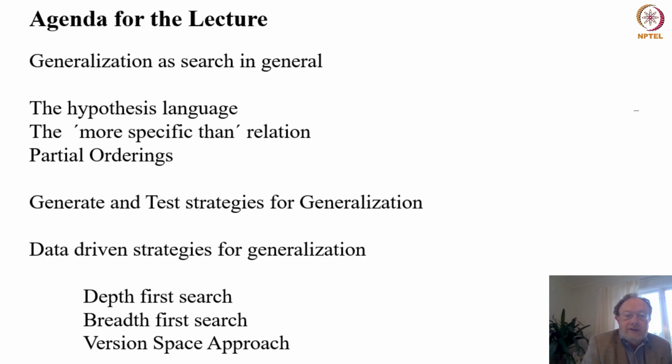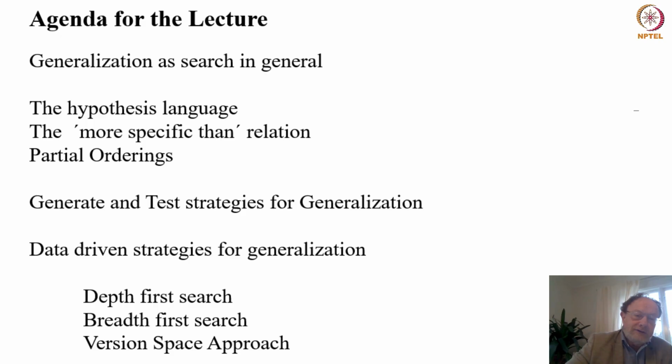One, we can say, is generate and test. It's a top-down approach where we generate hypotheses and then search through the instance space in order to iteratively test which hypothesis is optimal.